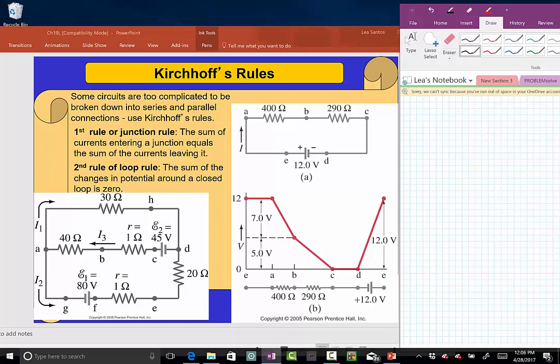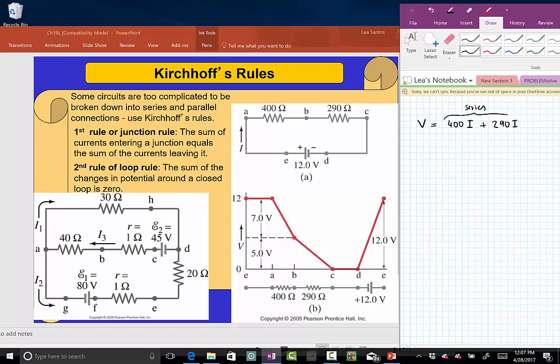I would say this potential difference 12 is equal to this resistance 400 multiplied by I plus 290 multiplied by I, and then I would find the current from this equation. So what I'm using here is a circuit in series. I could even have written the equivalent resistance if I wanted. So this is the way we would solve.